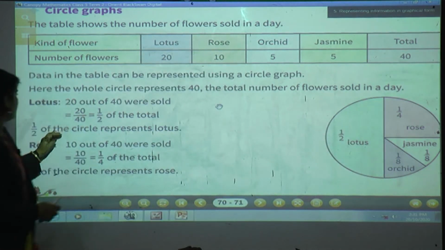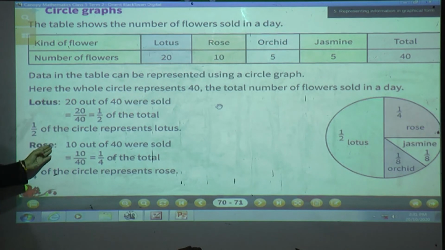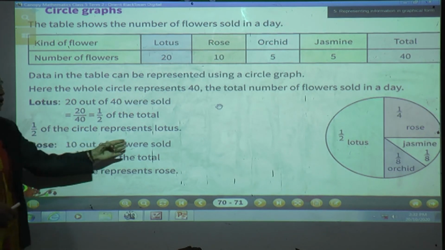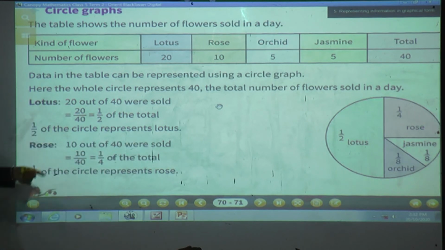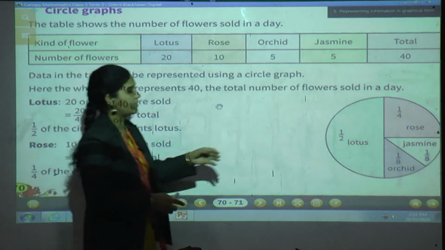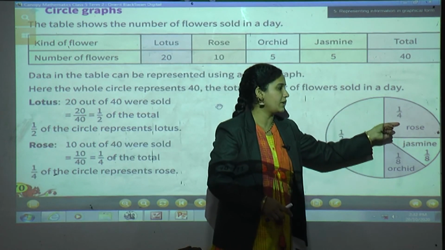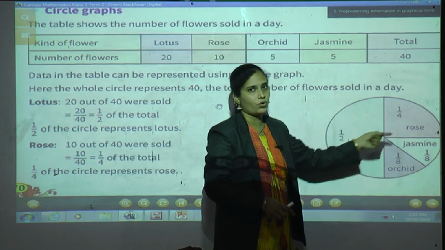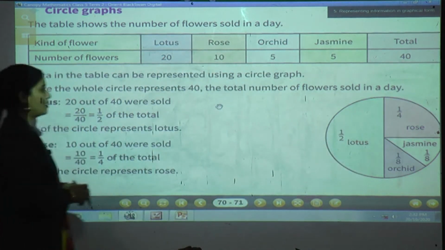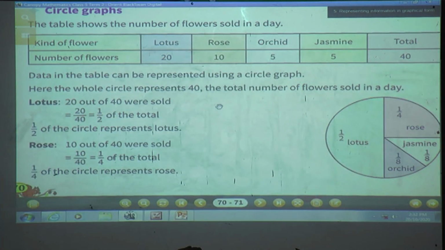Now we see rose. How many roses were sold? 10. 10 out of 40 were sold. So 10 upon 40 is equal to 1 upon 4 of the total. 1/4 means here. This one is a 1/4. That's why this one is the rose. This is showing the roses sold in a day.